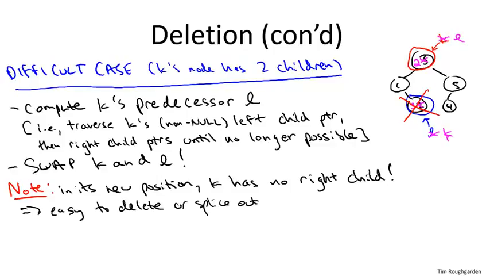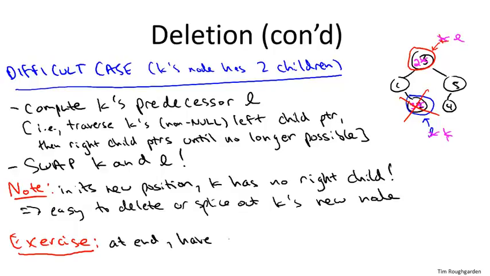Now, an exercise which I'm not going to do here, but I strongly encourage you to think through in the privacy of your own home, is that, in fact, this deletion operation retains the search tree property. So roughly speaking, when you do this swap, you can violate the search tree property, as we see in this example, but all of the violations involve the node you're about to delete.